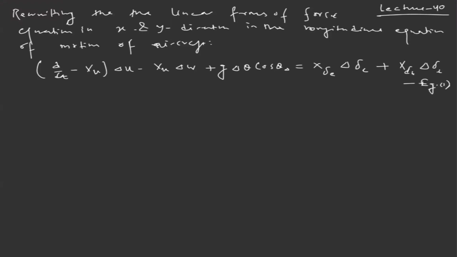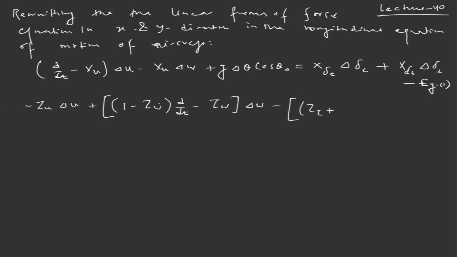And the linear form of the force equation along the z direction we can write: minus Z_u delta u plus (1 minus Z_w dot d/dt) minus Z_w delta w minus (Z_q plus u naught) d/dt minus Z sin theta naught delta theta equal to Z_delta_e delta e plus Z_delta_t delta t.